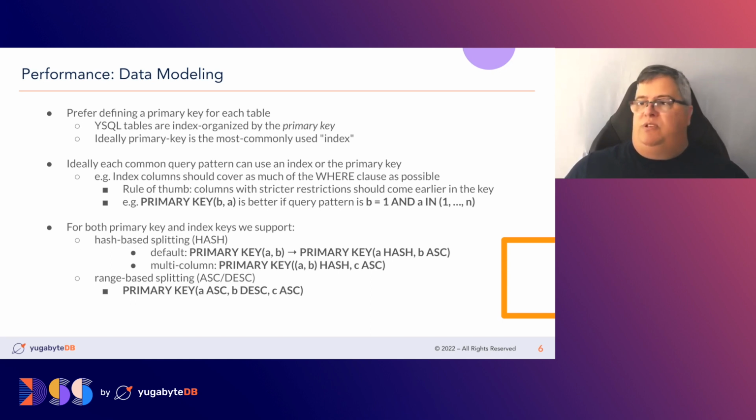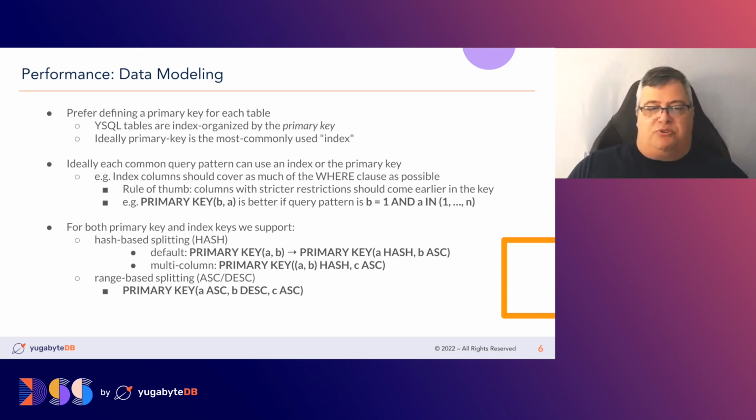So the table is basically the index itself because we are a key value store underneath. And ideally, the primary key is the quote unquote most commonly used index. We want to do as many of our accesses as possible using the primary key. So ideally, each common query pattern can use an index for the primary key, so the index columns should cover as much of the where clause as possible.